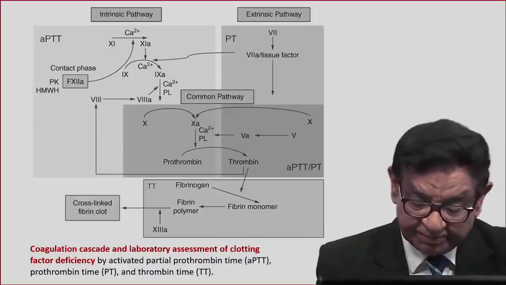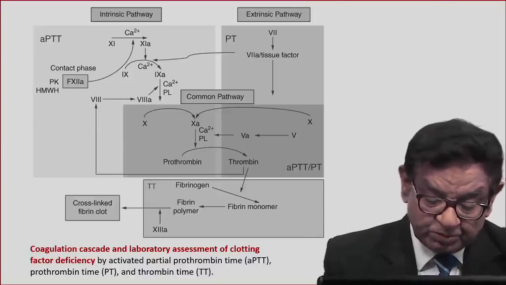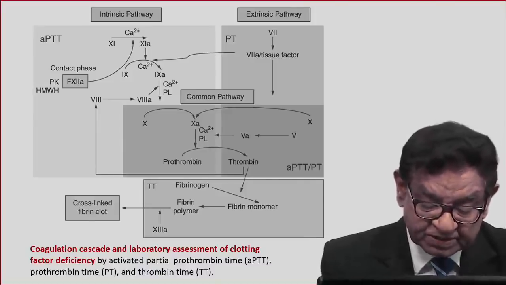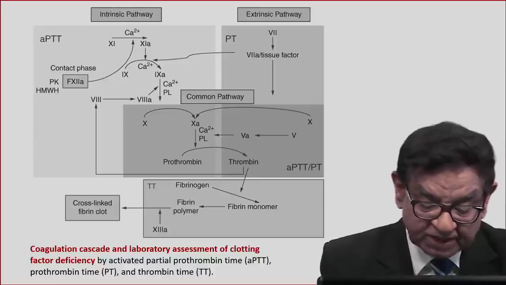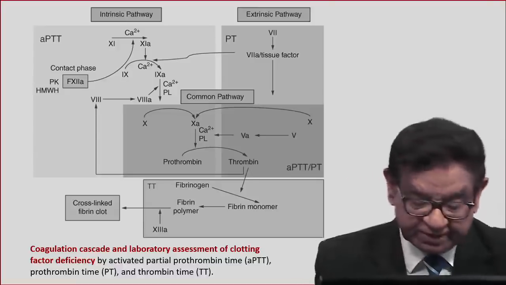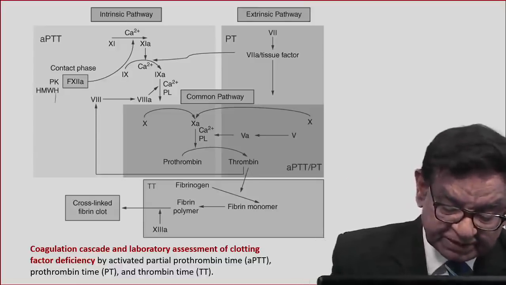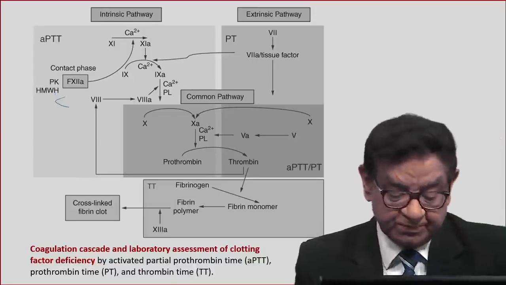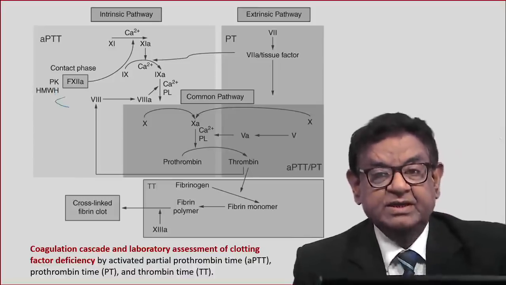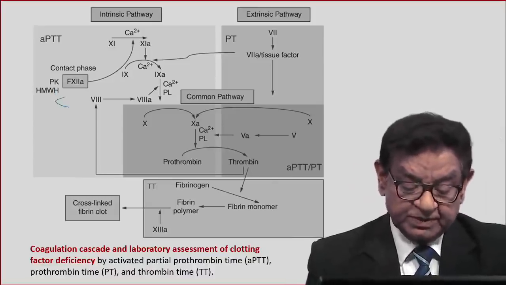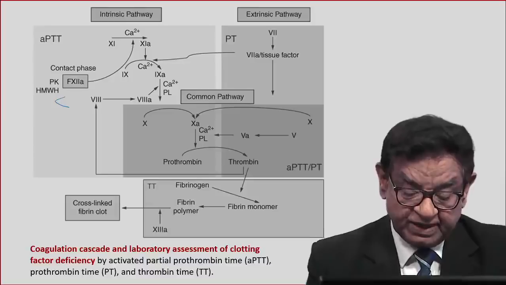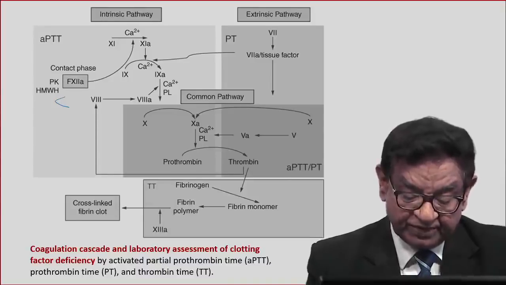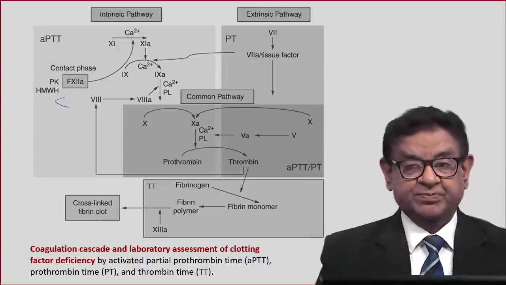Now let us see what happened. The initial clotting factors in the intrinsic pathway start from prekallikrein and high molecular weight kininogen. It is not H, it is K, kininogen. They convert factor 12 into 12a, and this 11 into 11a, 9 into 9a, and 9a finally, with the help of 8, converts 10 into 10a.